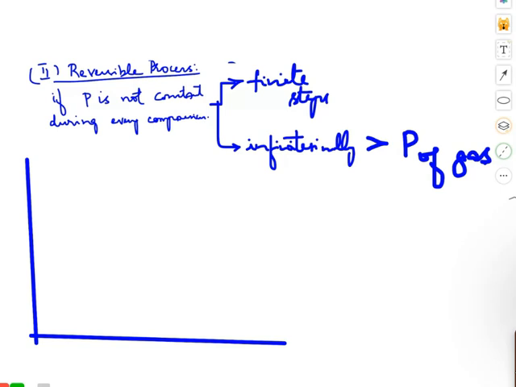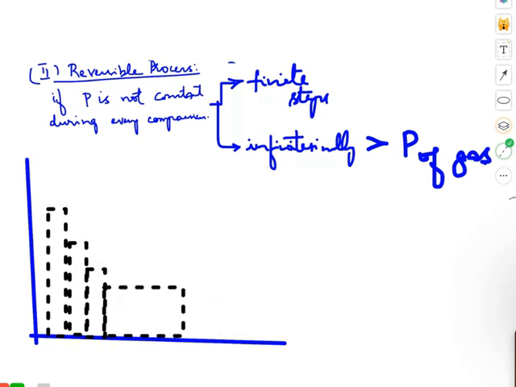The volume also reduces, so the change in the pressure also reflects in the change in the volume as well.